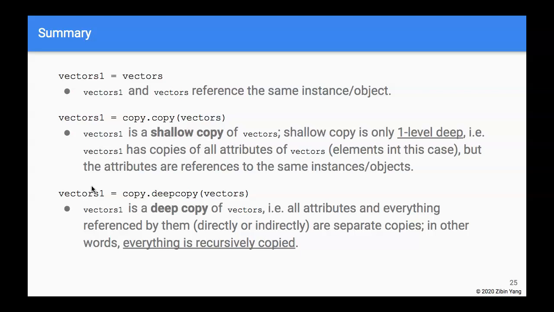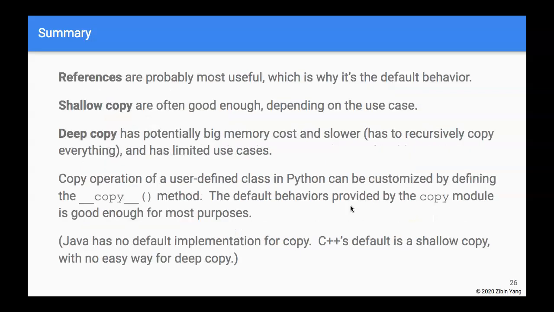They're completely separate from each other. In terms of usefulness, references are probably the most useful, and that's why it's the default behavior of the assignment operator in Python. Shallow copy, as we just saw, is probably good enough, depending on the use case, obviously.